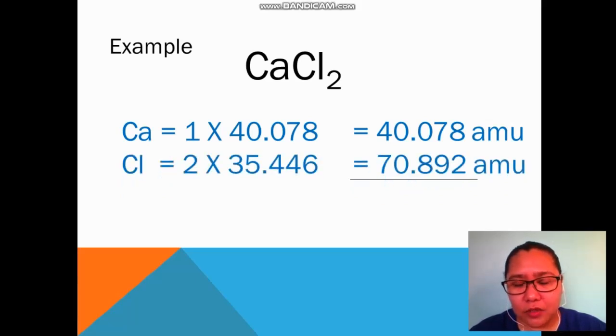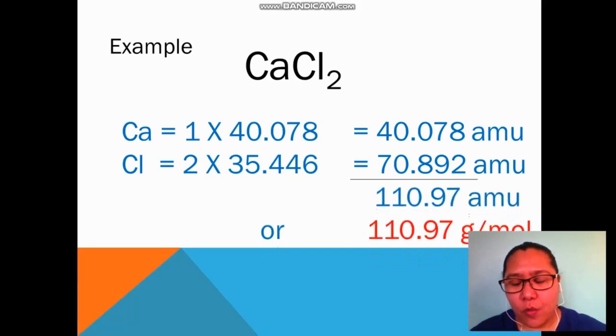One atom of chlorine weighs 35.446 atomic mass units. Multiply that by 2, and you would get 70.892 atomic mass units. Then add the results for each element, and we have 110.97 grams per mole as the molecular mass, or the molar mass, of the compound. Easy, right?